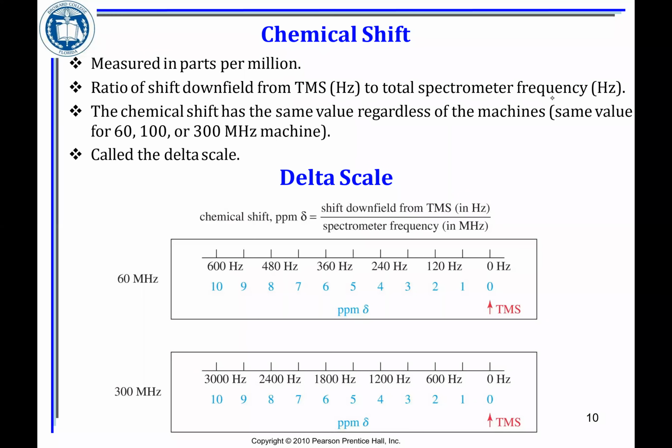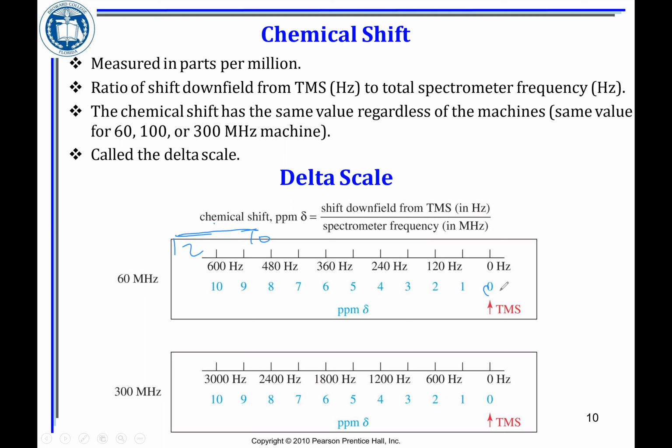If you buy a machine that has a 60 megahertz magnetic field, or 300, or 700, the spectrum is still going to be the same for all of them. The scale on the spectrum is going to be from 0 to 10, and then 10 to 12 out on the scale, which is for carboxylic acid.